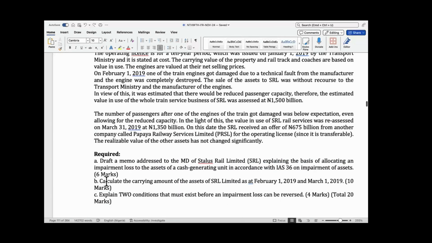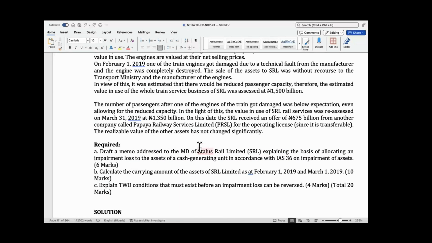Required. A: Draft a memo addressed to the MD of Stalos explaining the basis of allocating an impairment loss to the assets of a CGU in accordance with IAS 36, 6 marks. B: Calculate the carrying amount of the assets of SRL Limited as of February 1st, 2019 and March 1st, 2019.